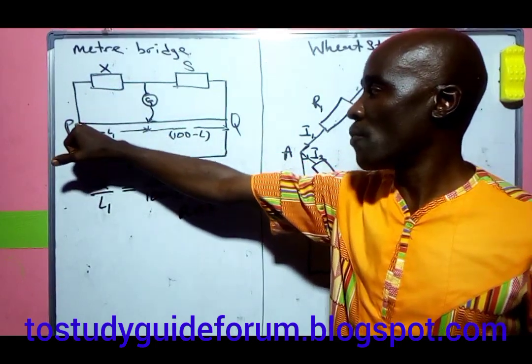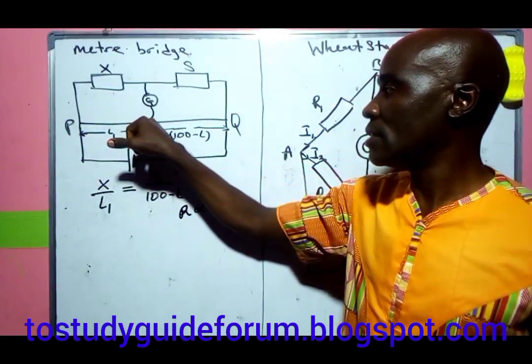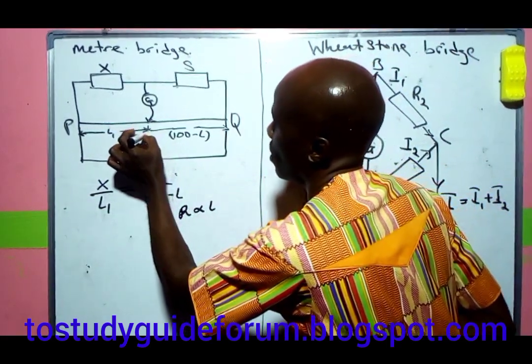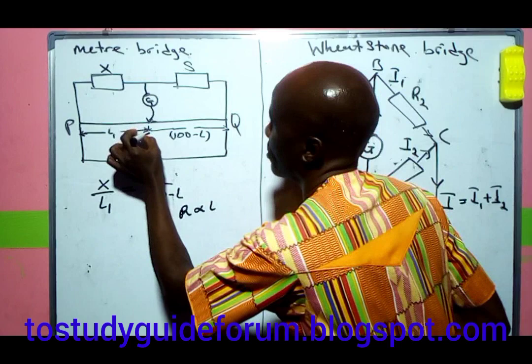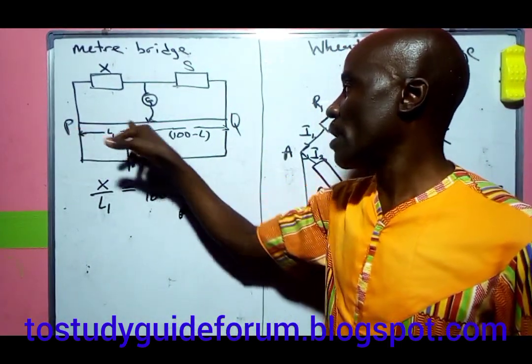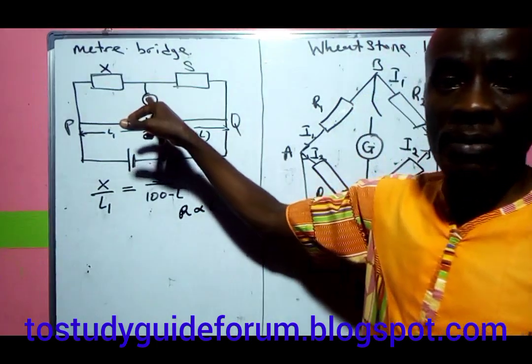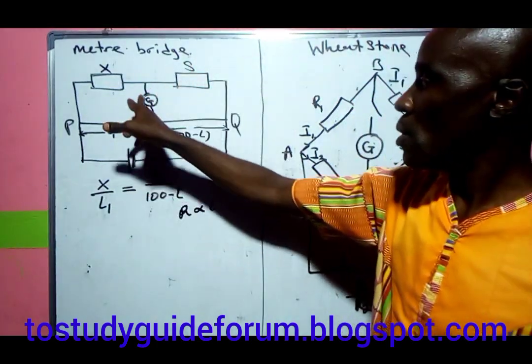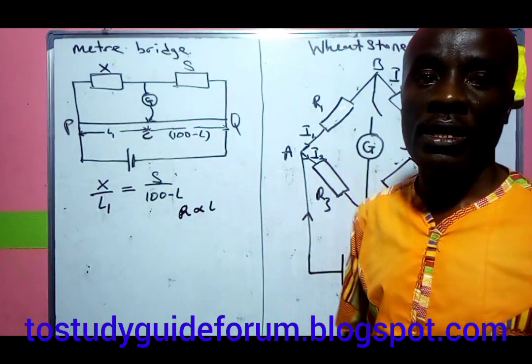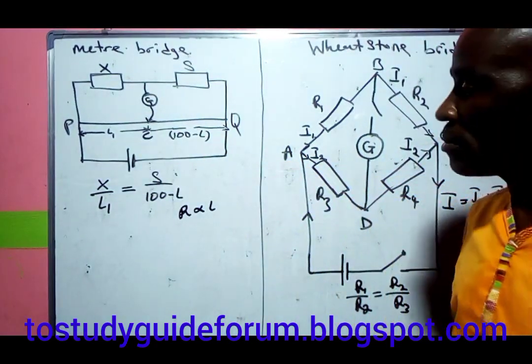For example, when we move from P to this point, I can call it C. From this point PC, if this galvanometer reads 0, it means that it's equal to the resistance.